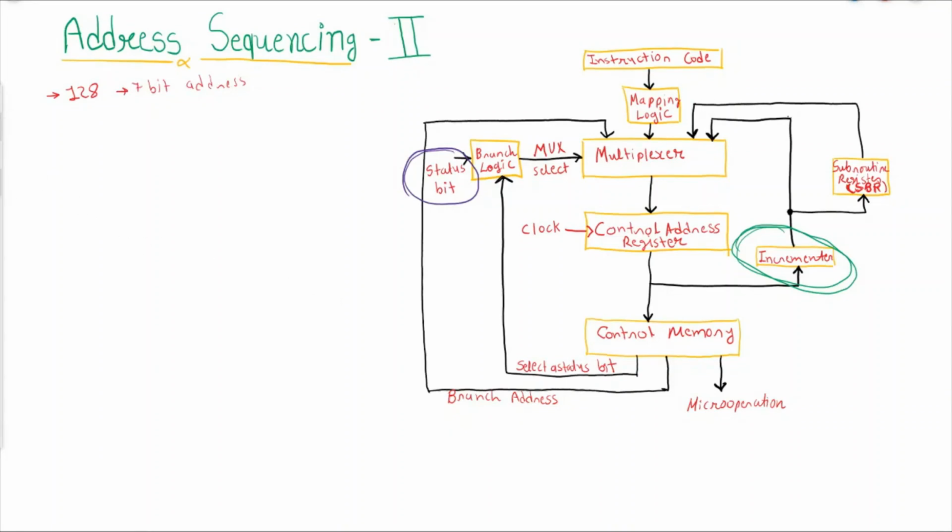Now how is it implemented? These 128 locations are divided into two parts: 64 and 64, 0 to 63, and 64 to 127. This portion we will keep for subroutines.